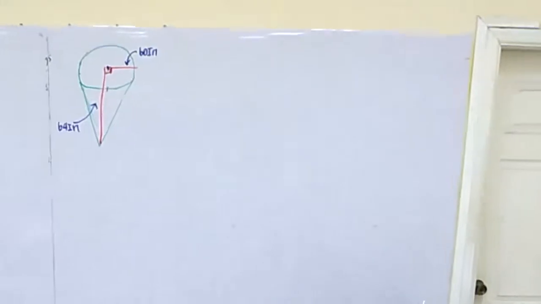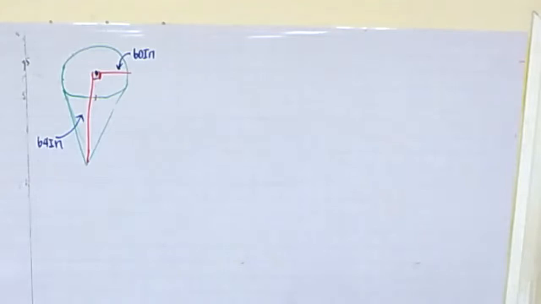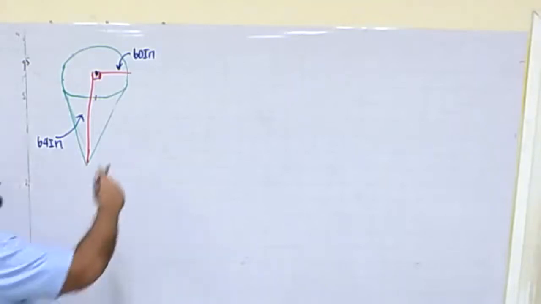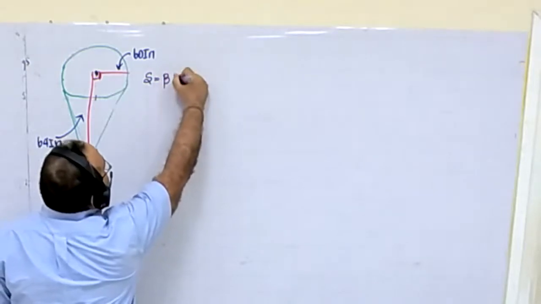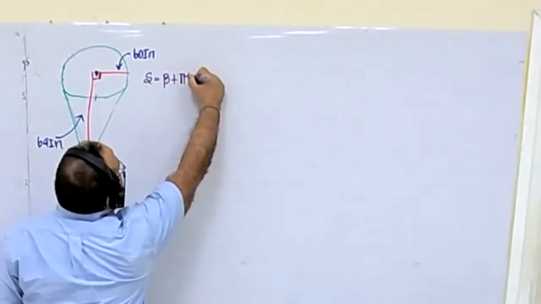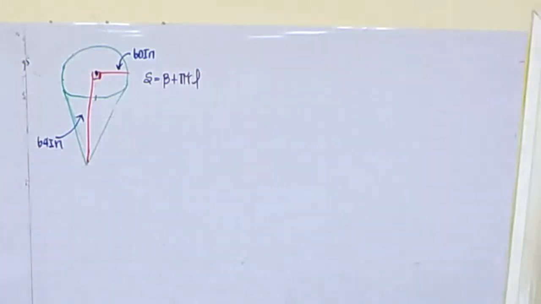I'll draw it apart because I don't want you to get confused about how to calculate the surface area of this cone. Actually, the formula for the surface area of the cone, as you can see in your notes, is given by beta plus pi RL, where pi is the constant value 3.1416, R represents the radius, and beta represents the area of the base.